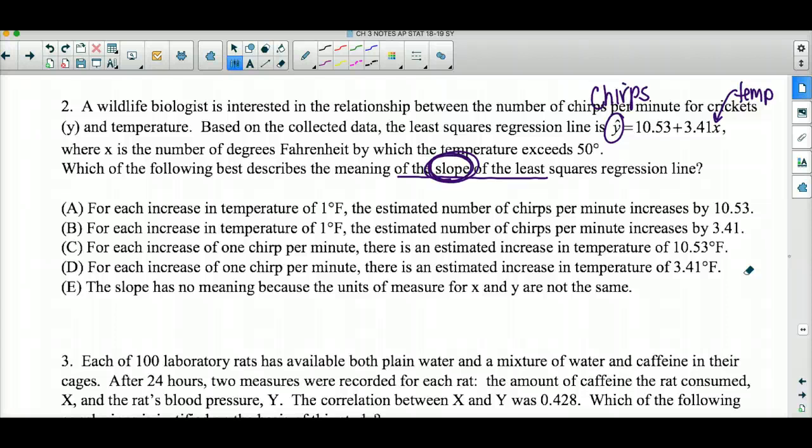Okay, so which one do you think it is? Yes, ma'am. Of course. Which one do you think it is? B. Do we agree? Okay. For every increase in 1 degree temperature, the number of chirps is predicted to increase by the slope. Yes? All right, good work.